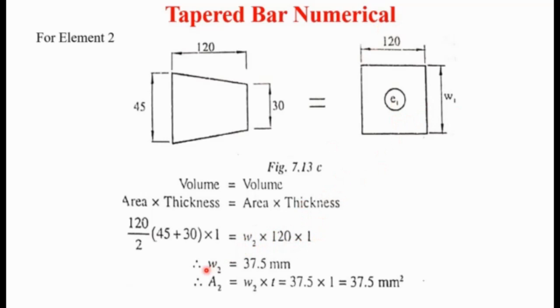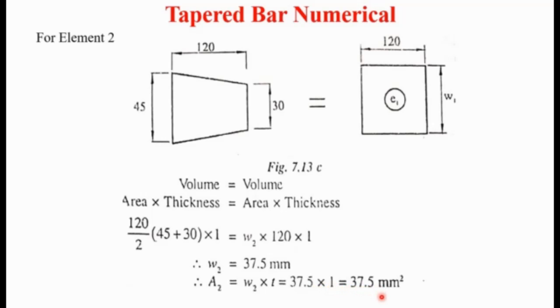From this equation we can calculate W2, and after simplifying we get W2 equal to 37.5 mm. So the area of this element, A2, is W2 into D, that is 37.5 into 1, which equals 37.5 mm squared.